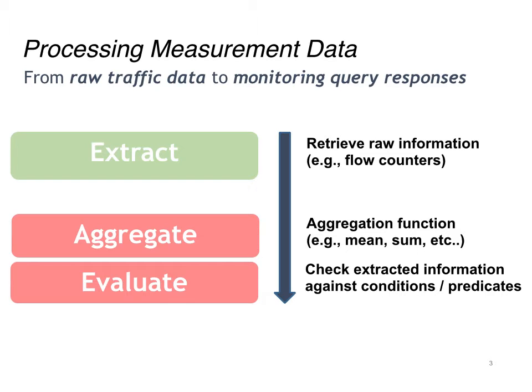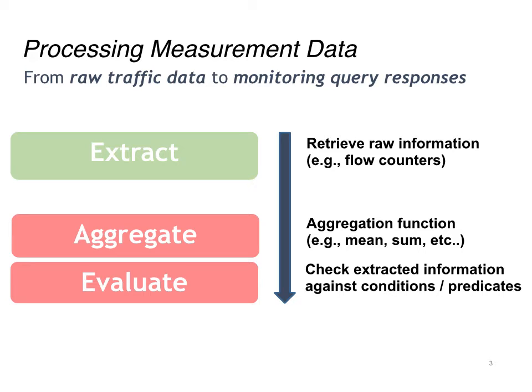Then the aggregate operation consists in a set of group-by or aggregation functions such as mean, sum, and so on that are applied on the raw measurement data. And finally, the evaluate operation consists in checking the extracted information against a set of query conditions or predicates.